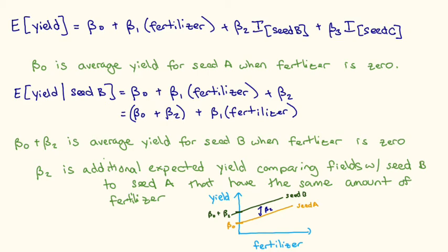We could see that if seed A and seed B are the same, if there's no difference between them, then that beta 2 is going to be 0. So if you want to see if there's a difference between seed A and seed B, you would test whether beta 2 is 0.